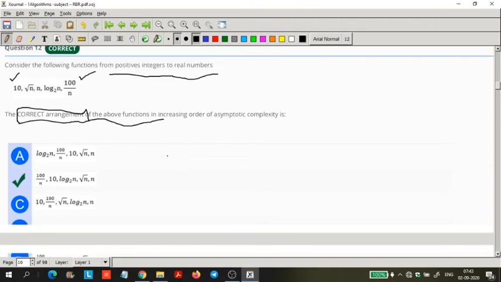The correct option is 100 by n, then 10, then log n to the base 2, then square root of n, and then n.